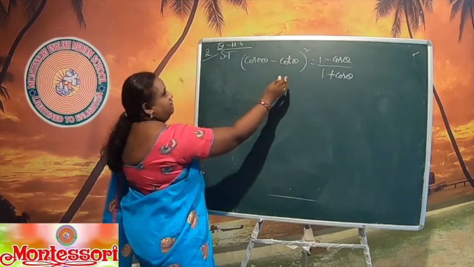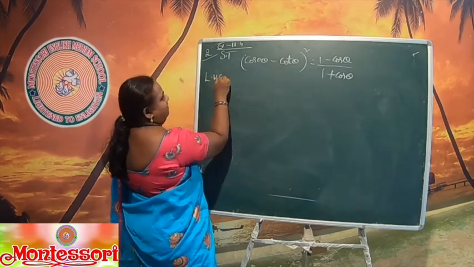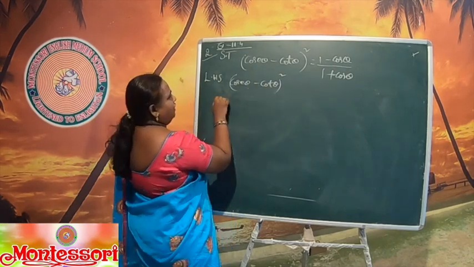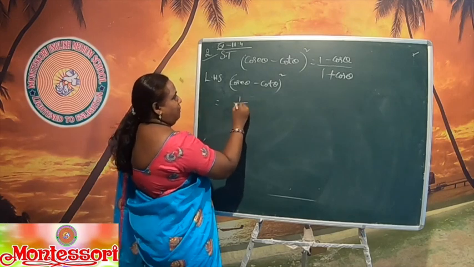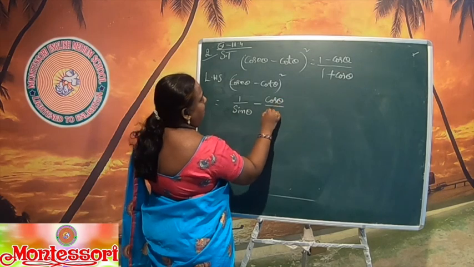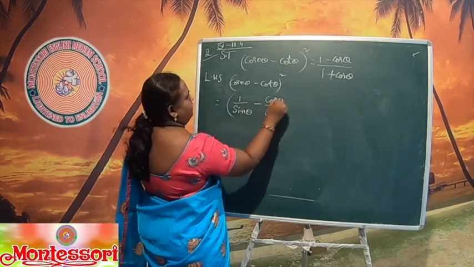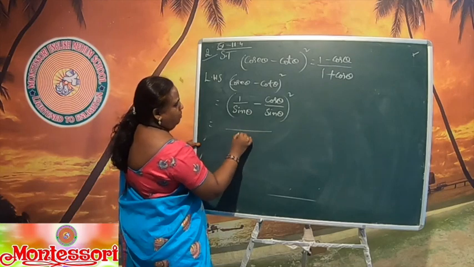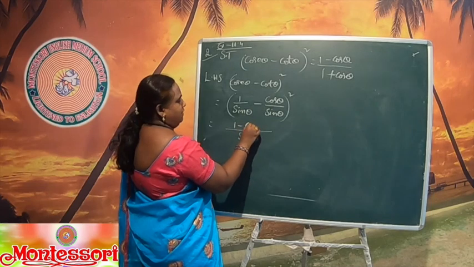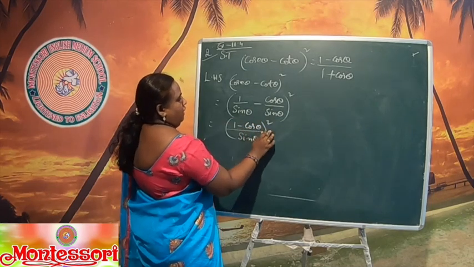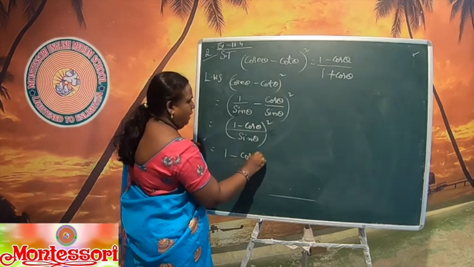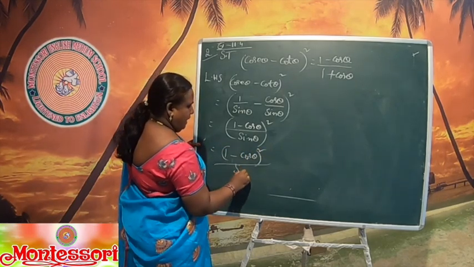Now LHS is the left side: (cosec theta minus cot theta) whole square. You all know that cosec theta means 1 by sin theta and cot theta means cos theta by sin theta, whole square. What is the LCM, children? Sin theta. So 1 minus cos theta, and we have to give the square to both: (1 minus cos theta) whole square by sin square theta.